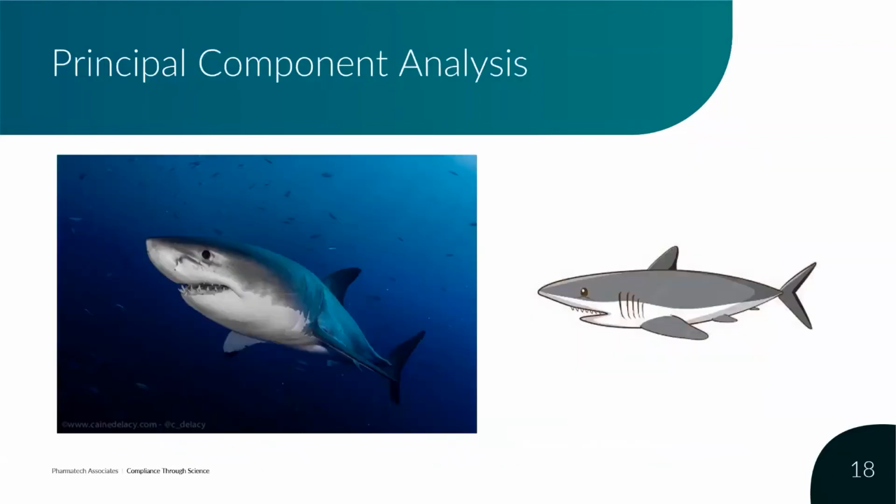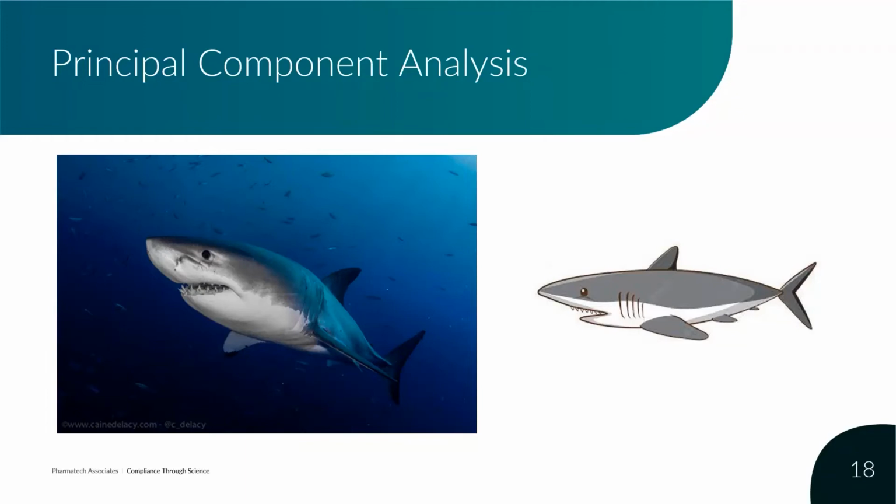As an example, principal component analysis. A three-dimensional model of a shark allows the viewer to immediately identify it. But we can take a picture of a shark that's only two-dimensional, and we can still draw the same conclusion.